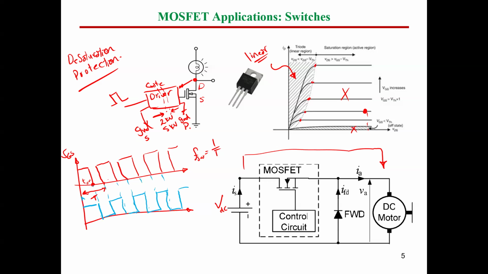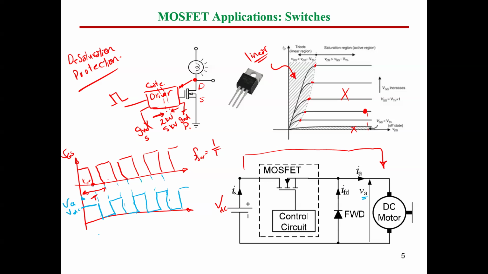So this here is VA, the armature voltage, and the value here is the same as VDC.